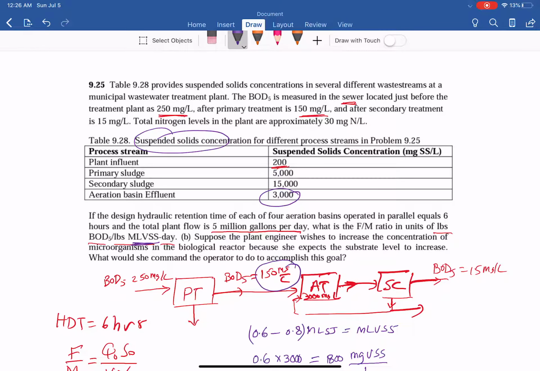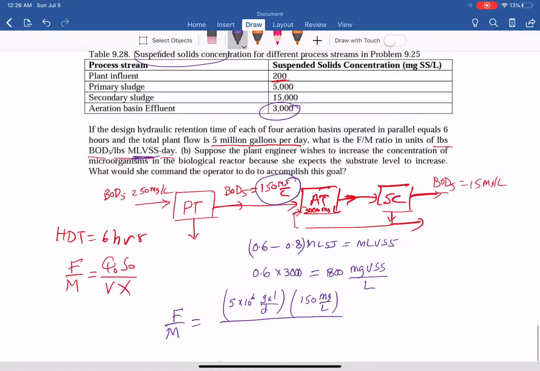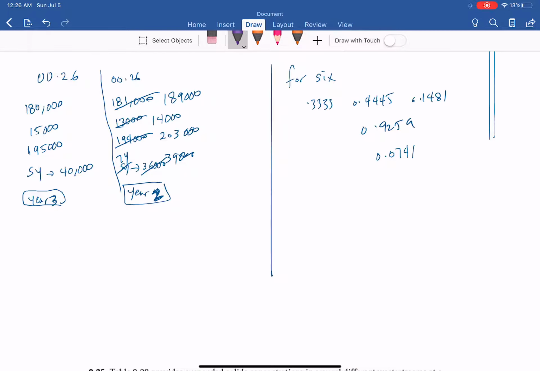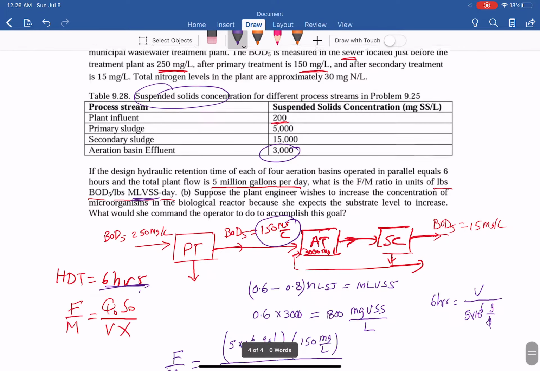Well, the volume was not given, but what's given was volume over Q, 6 hours. So if you want to find the volume, you could make it like this: 6 hours is equal to volume over Q. What was Q? The Q was 5 times 10 to the 6 gallon per day. Now we have to convert days to hours in order to cancel out hours with hours.